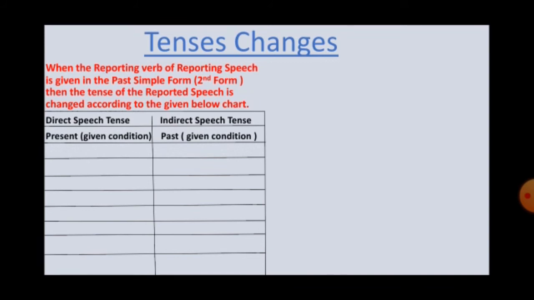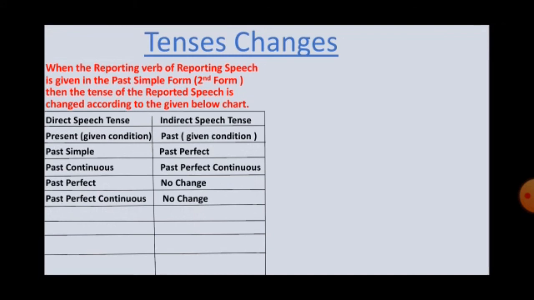For example, if in direct speech we are given present tense, then in order to change into indirect speech, we change present simple into past simple, and past simple changes into past perfect, past continuous into past perfect continuous, past perfect no change, past perfect continuous no change, will changes into would, shall into should, may into might, and can into could.